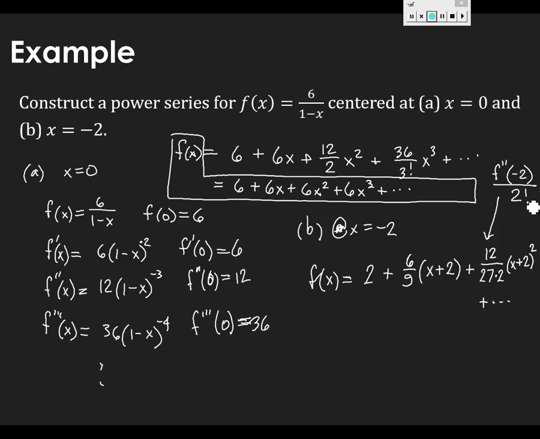So we have some simplification we can do. In fact, we always seem to be getting the 6 here again, don't we? Let's take the time to write what a general term would be. Looks like it's always going to be 6 over 3 to the n, times x plus 2 to the n.